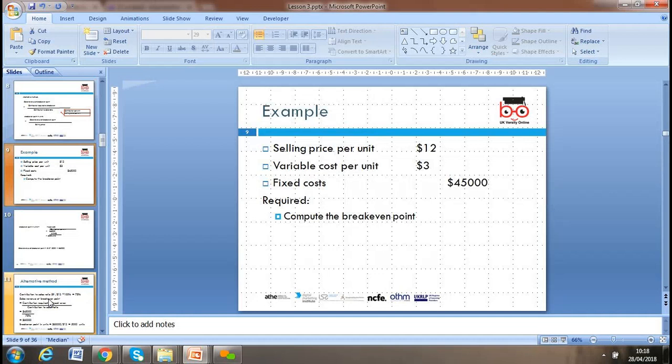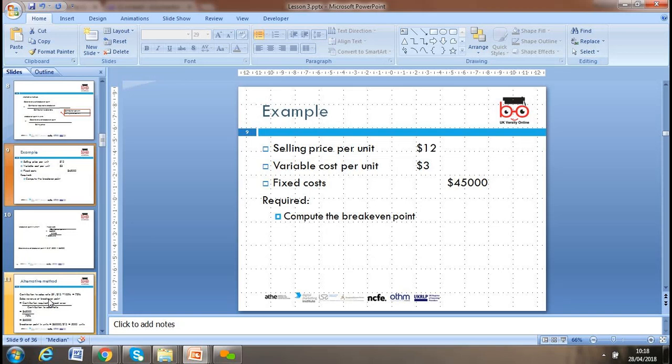Okay, for our selling price 12 in this example, our variable cost 3, our fixed cost 45,000. So what will be our break-even then? The break-even point is fixed cost divided by contribution per unit. So fixed cost would be 45,000, divided by contribution per unit.